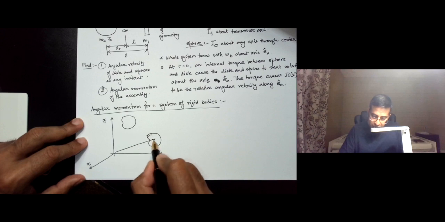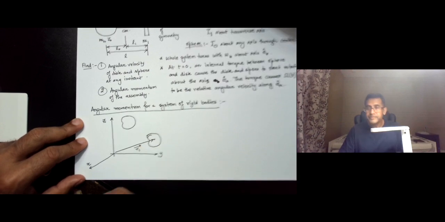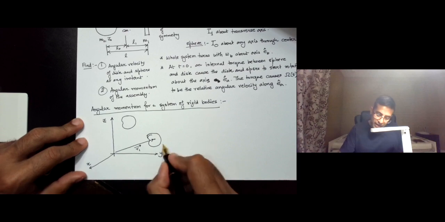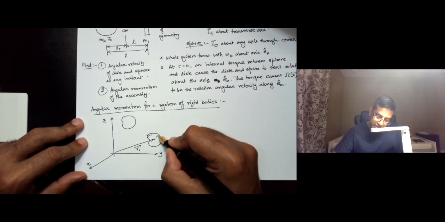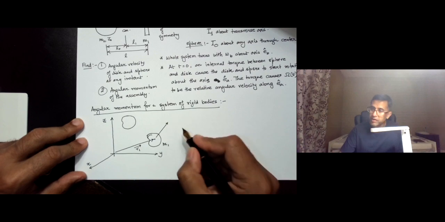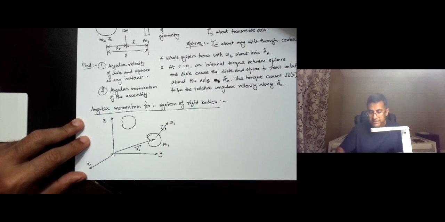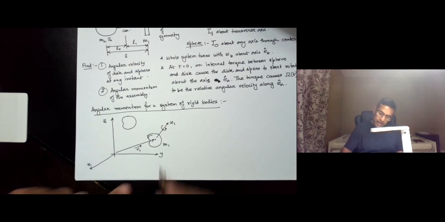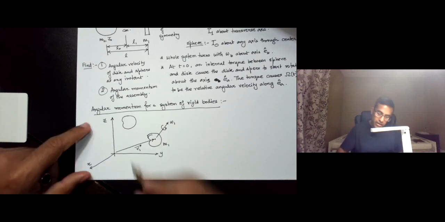It has a position vector r1, and it has a mass of m1, and let's say that it has some angular velocity omega 1 about a certain axis, and this is the center of mass of rigid body 1.